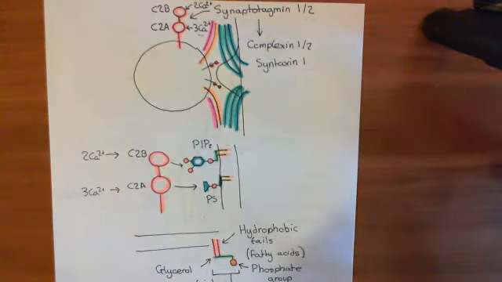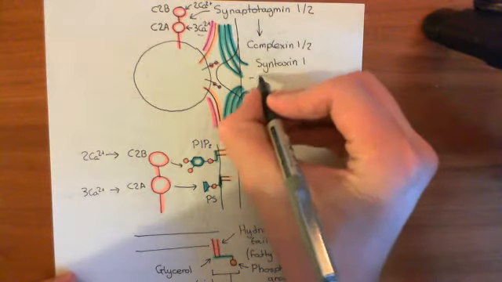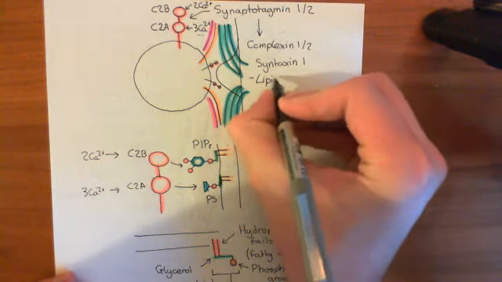Okay, and that's going to pull this plasma membrane towards the membrane of the synaptic vesicle, and that is going to promote fusion of the synaptic vesicle with the plasma membrane. So this interaction with the lipids is also really important for the fusion.